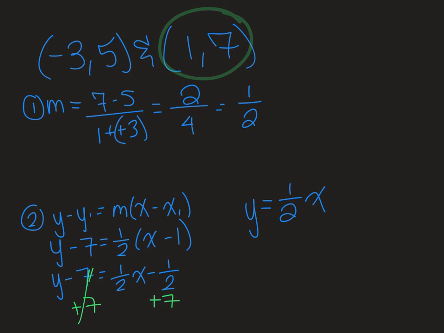You can do -1/2 using that ABC key to put your fraction in, plus 7, and you should get 6.5. But we don't write 6.5 for a fraction. We would need it as an improper fraction, so you'll just need to do that conversion and have plus 13 over 2. Since this is a terminating decimal, you could put 6.5, but because my slope is in fraction form, I'm going to keep my y-intercept in fraction form as well.